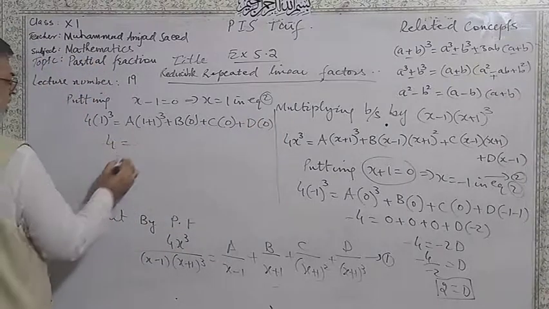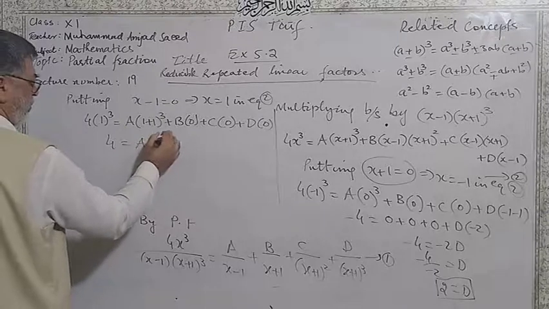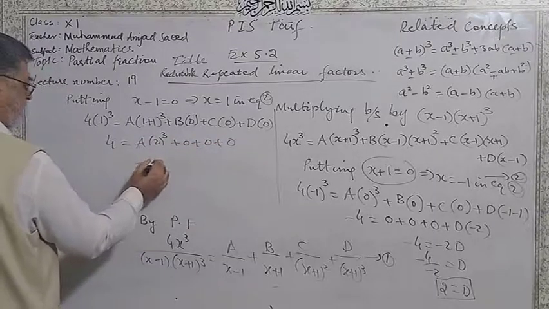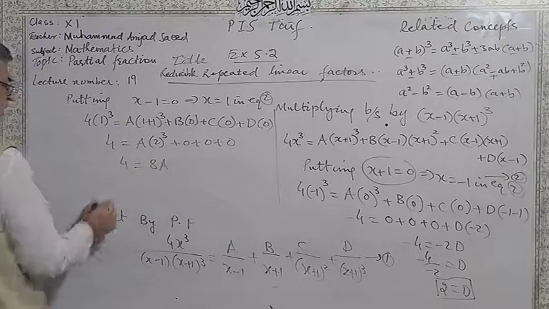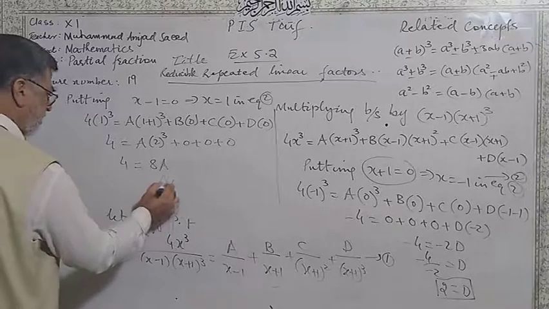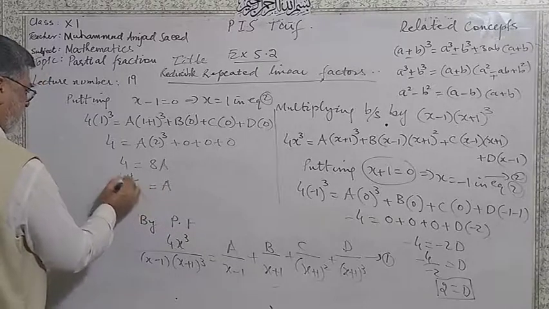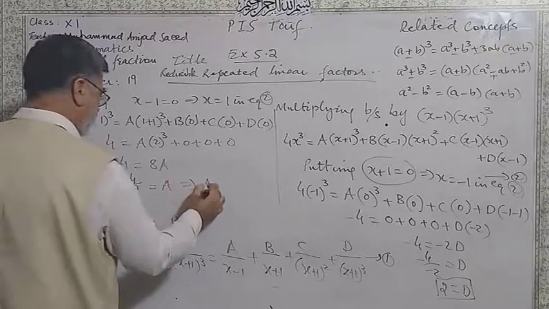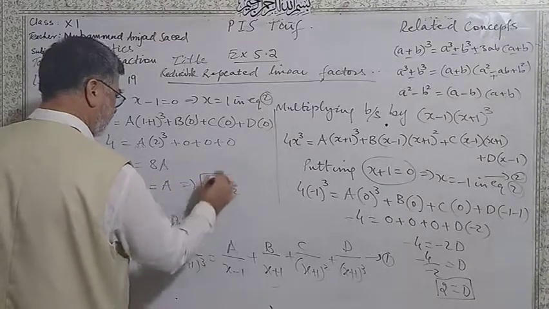Here is 4, that is a into 2 cube plus 0 plus 0 plus 0. This is 8a is equal to 4, and a is equal to 4 divided by 8. Implies that a is equal to 1 by 2.